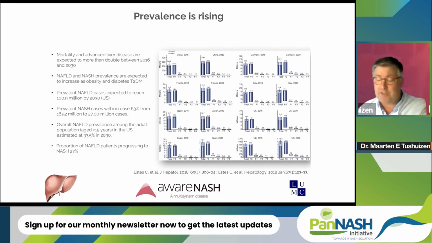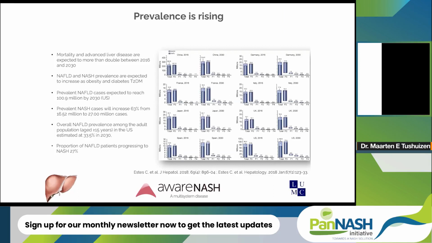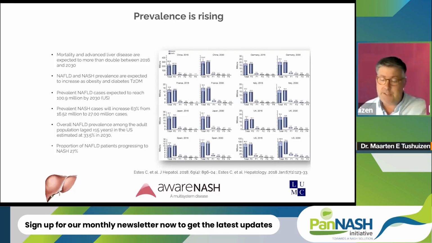Mortality and advanced liver disease are expected to more than double between 2016 and 2030, as these figures show. The forecast is that prevalent NAFLD cases in the USA would increase 21% from 83 million in 2015 to over 100 million in 2030, while prevalent NASH cases would increase 63% from over 60 million to almost 30 million cases.